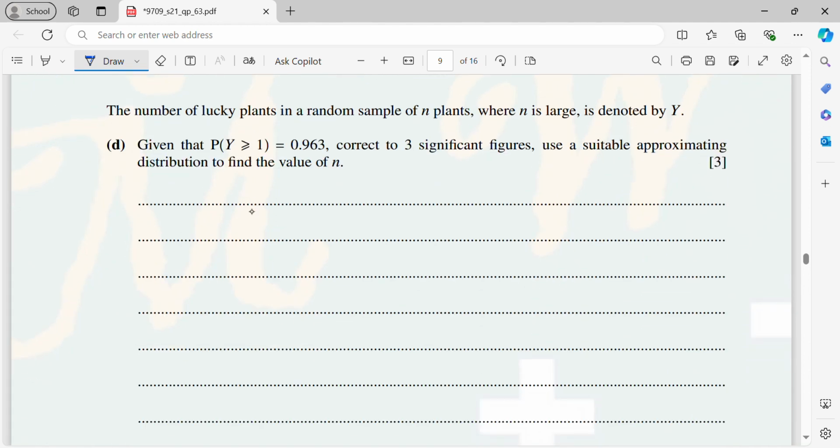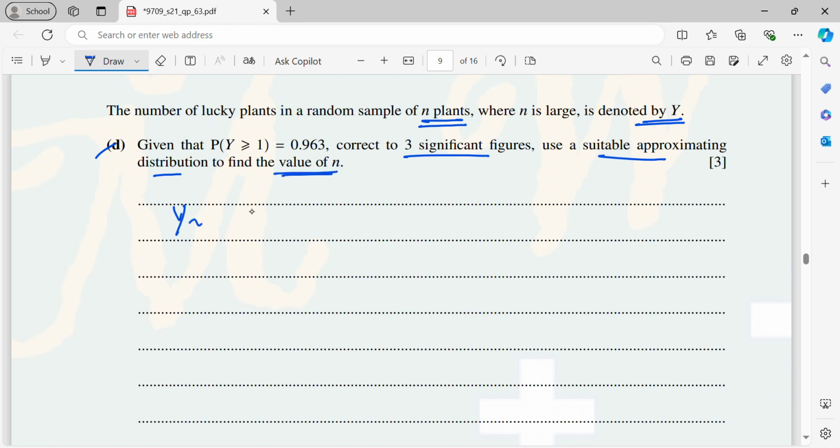Now the number of lucky plants in a random sample of n plants, where n is large, is denoted by Y. D, given that the probability of Y at least 1 is 0.963, correct to 3 significant figures, use a suitable approximating distribution to find the value of n.